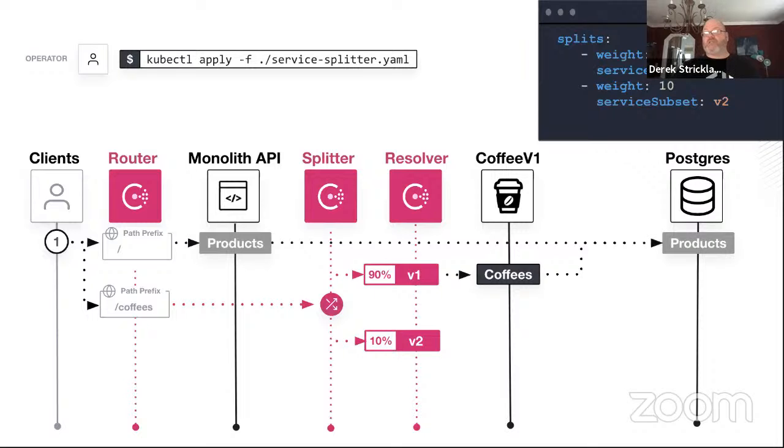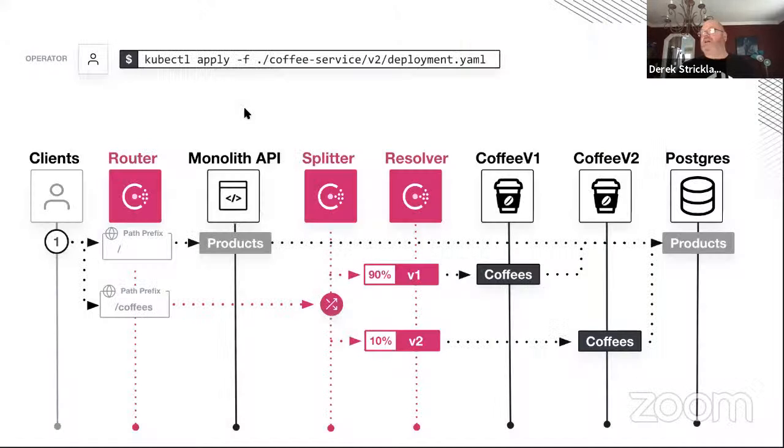But there is no V2 yet, as I mentioned. That's okay, because we've defined a default as V1, and everything just keeps getting routed to V1 until the service is in place. And then finally, after we run our deployment command, the V2 service will be in place and traffic will start getting routed to it. So let's go over to the command line now and actually put that in place.